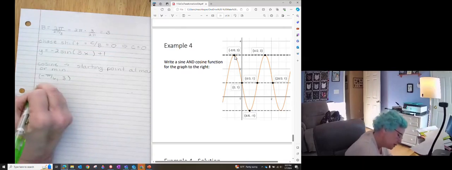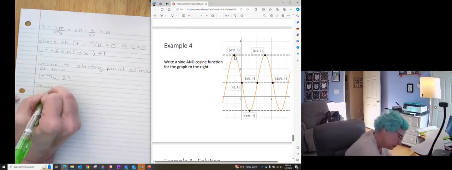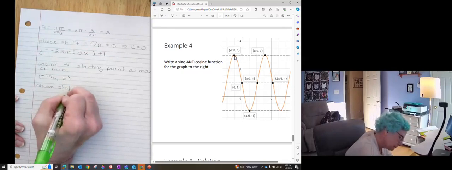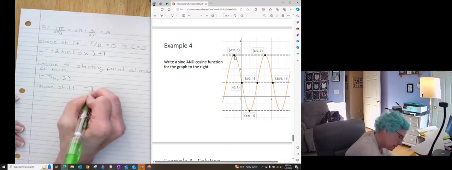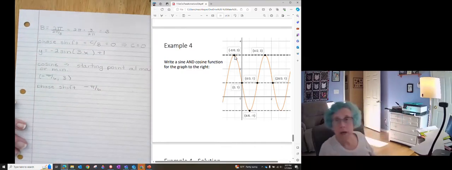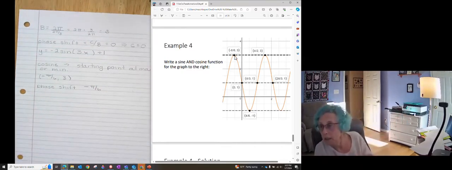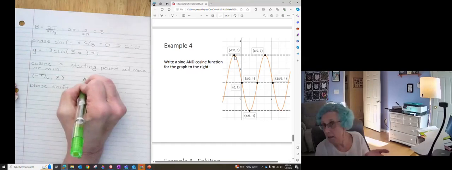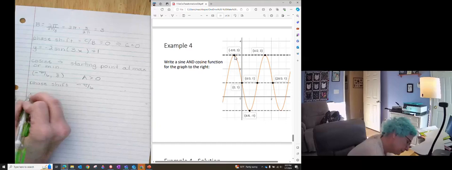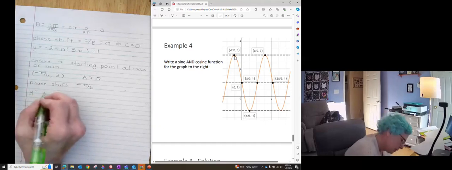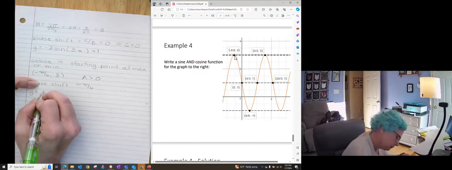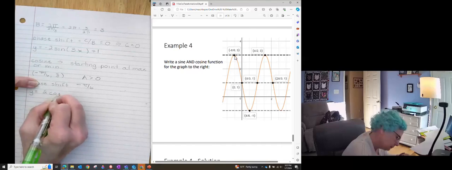Then my phase shift is minus pi over 6. And since I'm starting at a max and decreasing, that means my A gets to be positive. So y is equal to A, which was 2, times cosine.